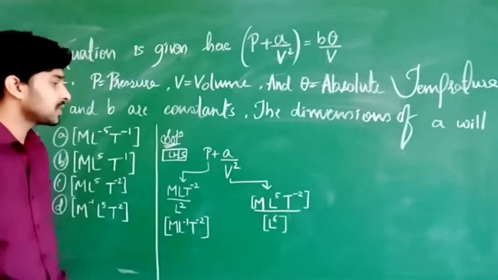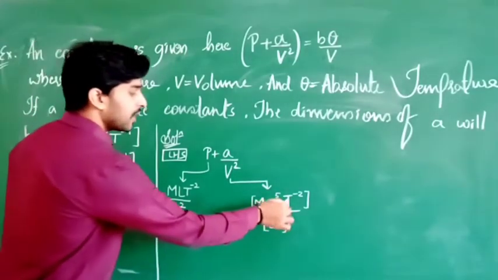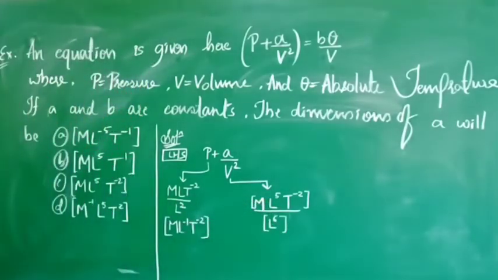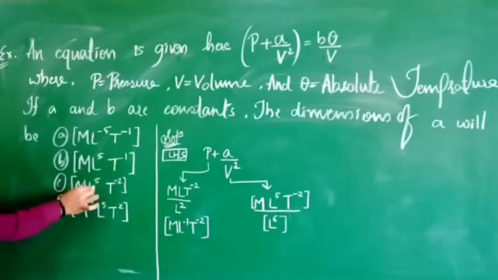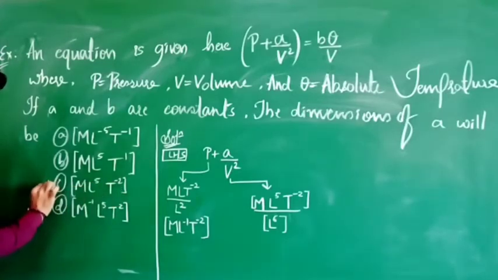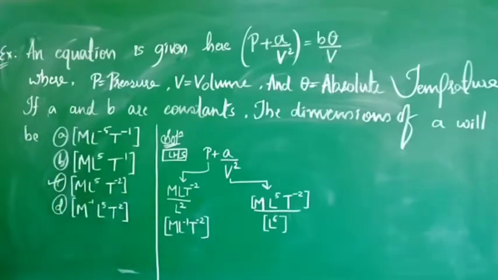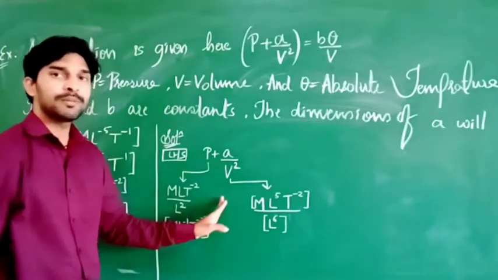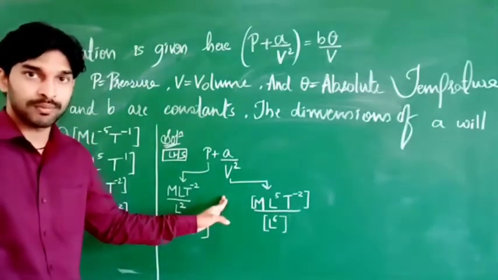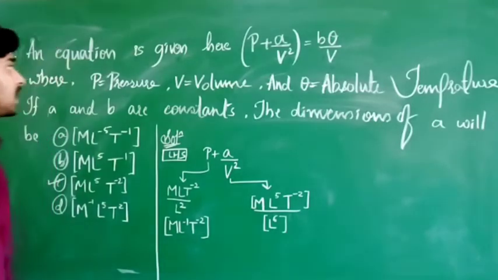So which option is correct? M L power 5 T power minus 2. Option C is correct. How did we solve this question? By the principle of homogeneity. Remember. Shall I erase the board? Shall we go to one more question?